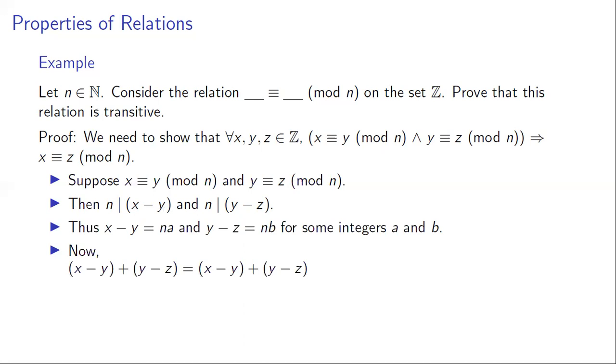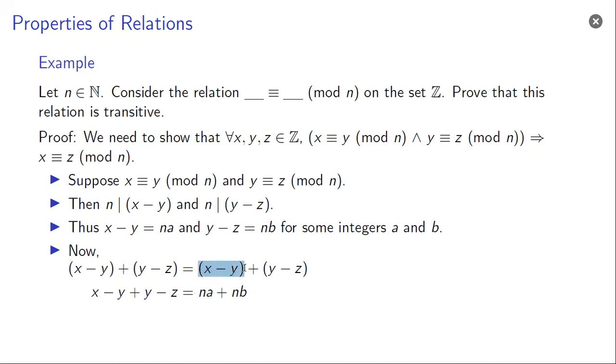Now, here's what we can do. x minus y plus y minus z equals x minus y plus y minus z. Obviously, they're the same thing. But now we know that x minus y is equal to na and y minus z is equal to nb.